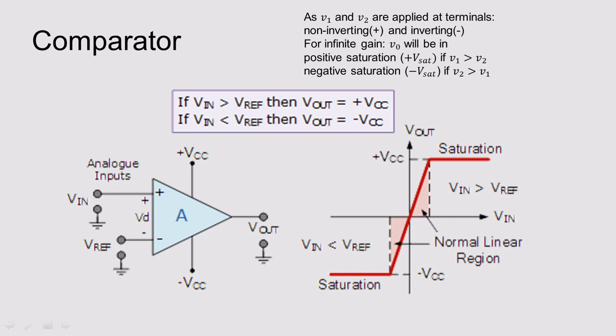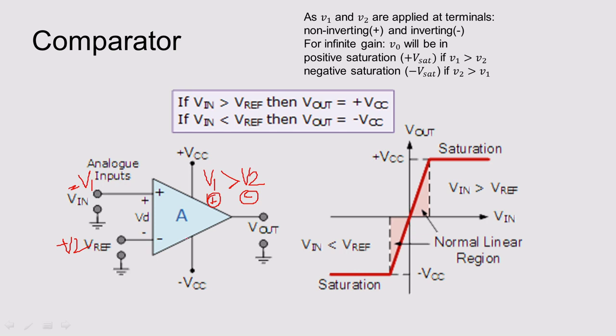You can see clearly. How do you want to understand this comparator logic? Very simple. You take this Vin as V1 and Vref as V2. Always remember, V1 should be connected to the positive terminal and V2 to the minus terminal.